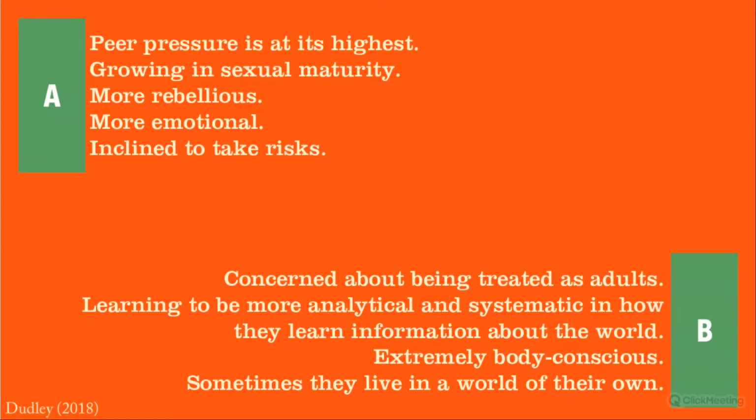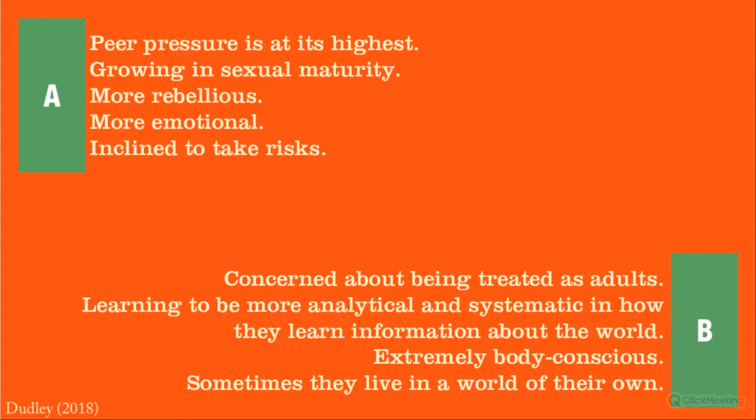So B are younger teens. It's amazing. The younger teens, they are more concerned about being treated as adults than the older teens. So a 13 or 14-year-old wants to be treated as an adult.